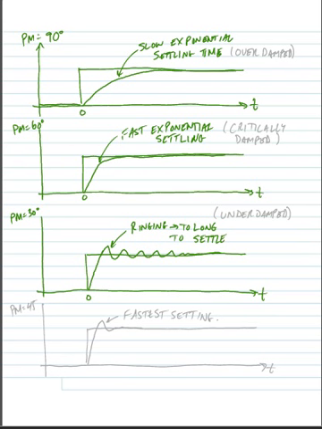So what we want is a phase margin greater than 45 degrees, and 60 degrees is what we would call critically damped. So looking at our definitions from control systems, our 30 degrees would be underdamped, 60 is critically damped, and 90 is overdamped.